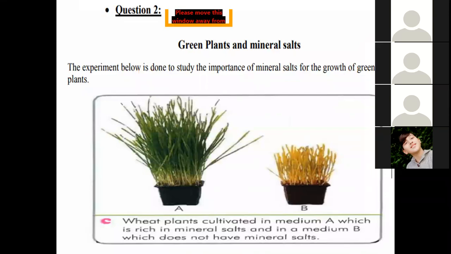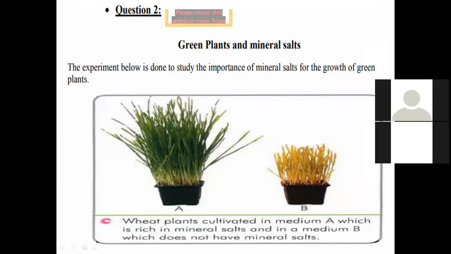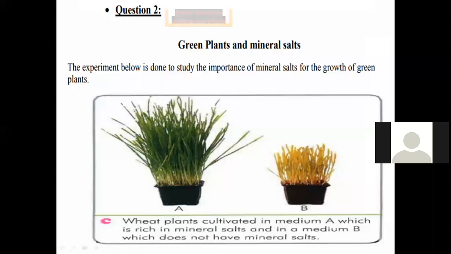Moving to question 2. We have green plants and mineral salts. The experiment is done to study the importance of mineral salts for the growth of green plants. So, Carlo, what is the purpose or the aim of this experiment?